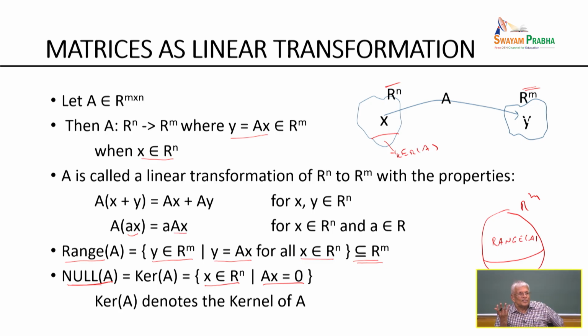It annuls. Multiplying any vector in that space creates a 0 vector. Creating a 0 vector is called annulling. So that is the space of vectors such that if I multiply them by A, I get the 0 vector. If I multiply every vector in here, I get the vector in here. So this is the range of A.